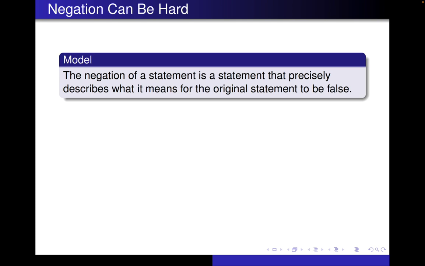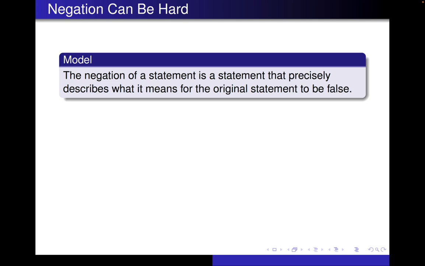The negation of a statement could be thought of as a statement that precisely describes what it means for the original statement to be false, which actually kind of makes sense, right? If I describe a situation where the original statement is false, when that original statement is false, the statement I'm saying is going to be true.